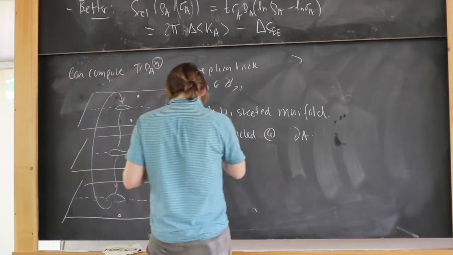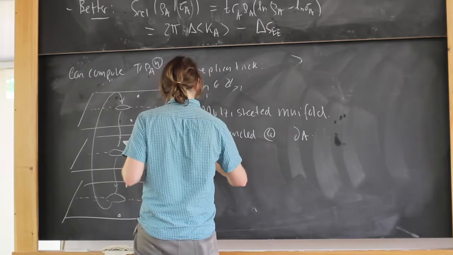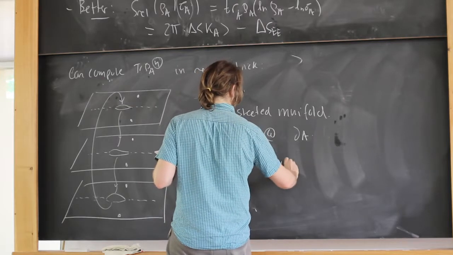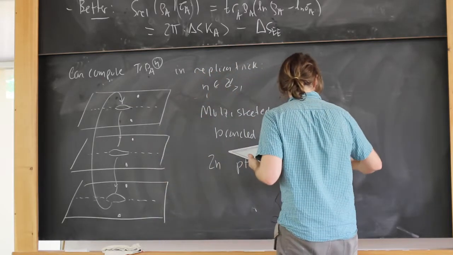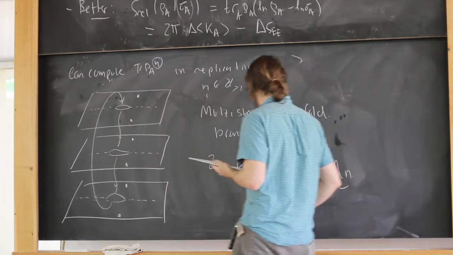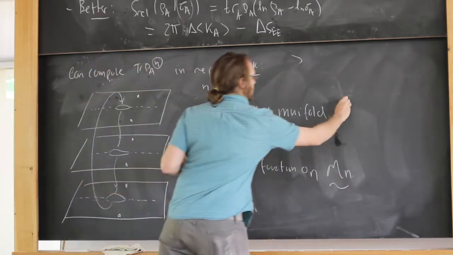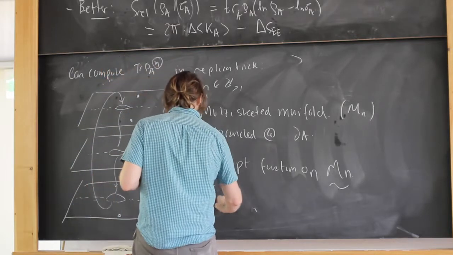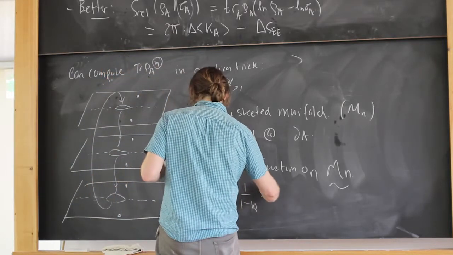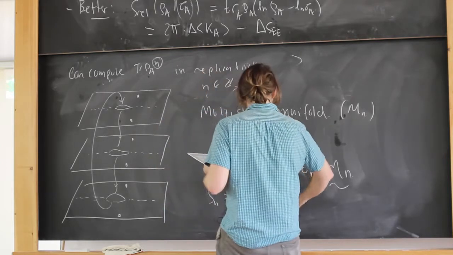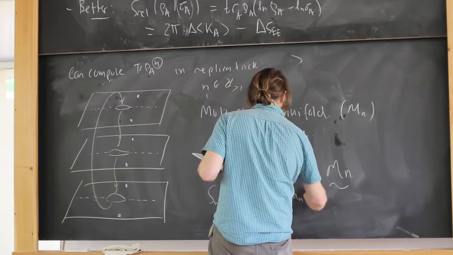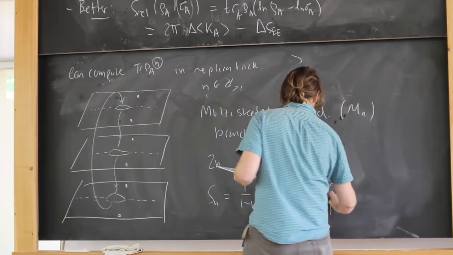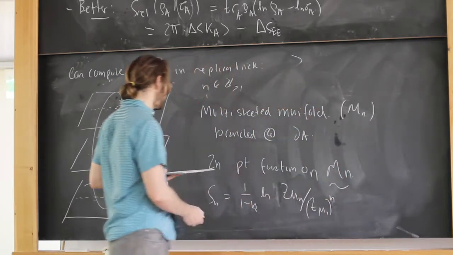Okay. So this is some 2n point function on some pretty crazy manifold, which I'll call M_n. And then, if you manage to do that path integral, the Renyi entropies can be extracted by taking the following combination.